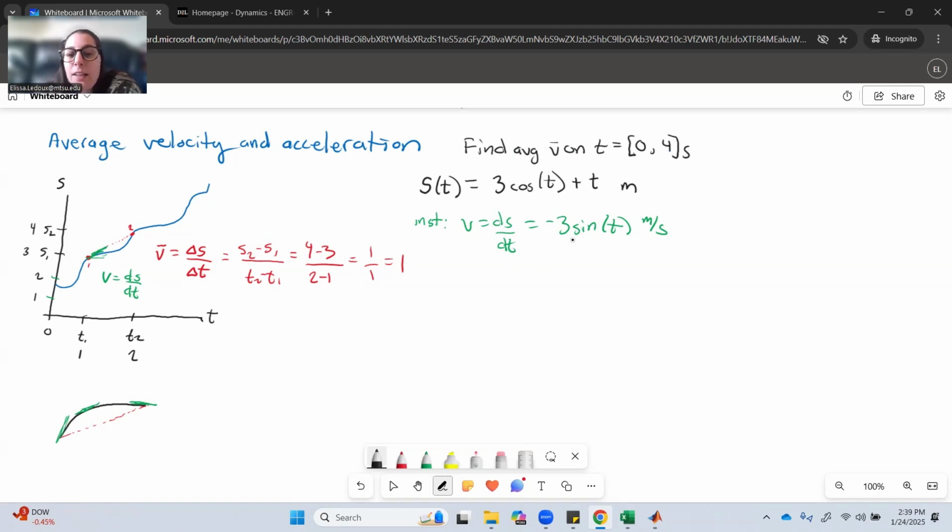Okay, so the instantaneous velocity would be v of 0 equals -3 times sine of 0, which is just 0. Or v of 4 seconds, which equals -3 times the sine of 4. 2.27.